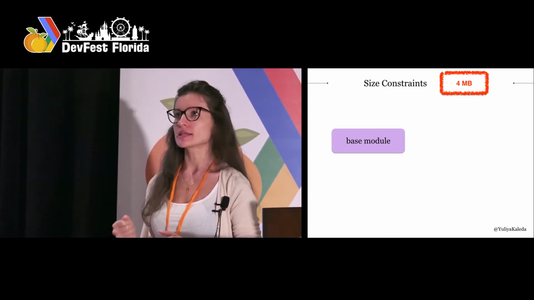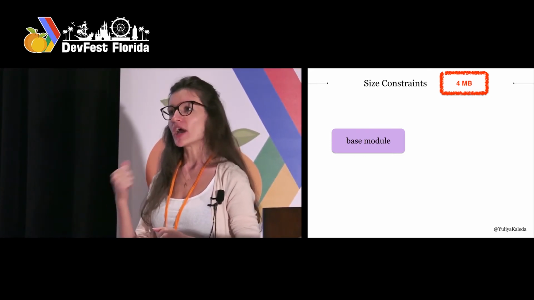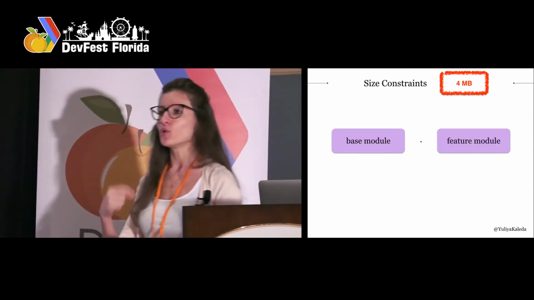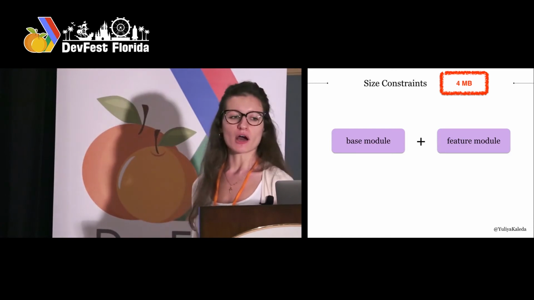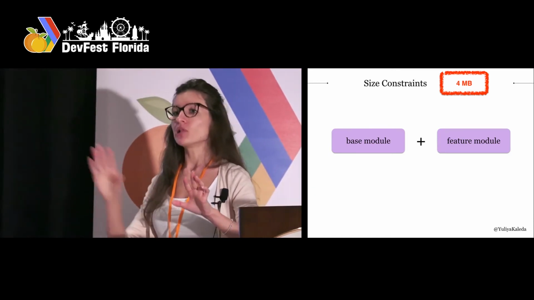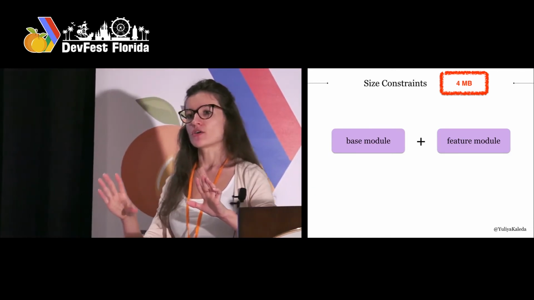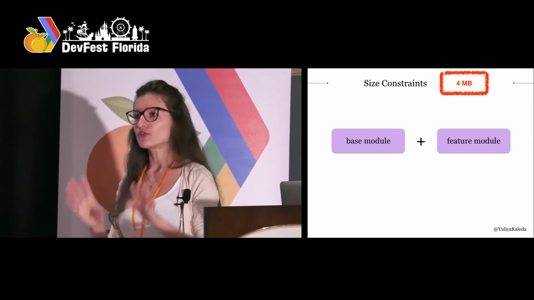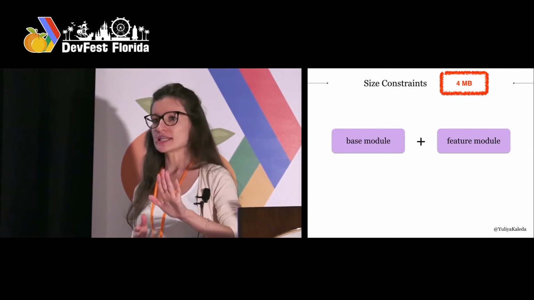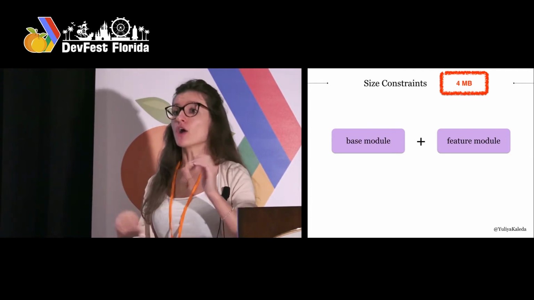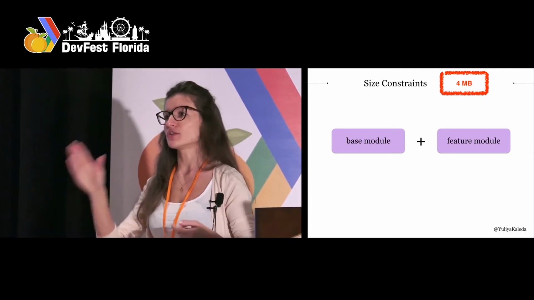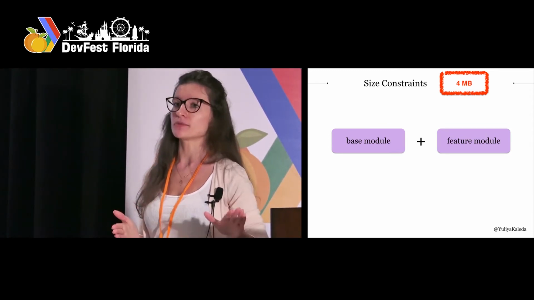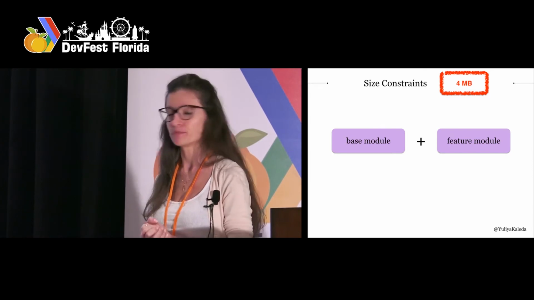When the user clicks on a URL address, it's not only the base module that is being pulled onto the device, it's actually a combination of the base module plus a feature module. Just because feature modules depend on the base module, on the very first download, it will be the base module plus the feature module. On the subsequent downloads, it will be just the feature module that will be pulled onto the device because the base module has already been cached after the first download.